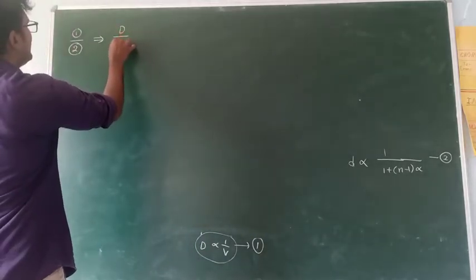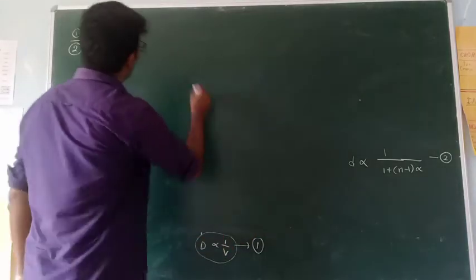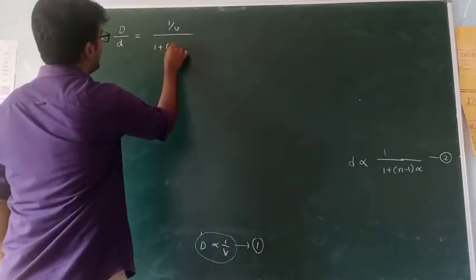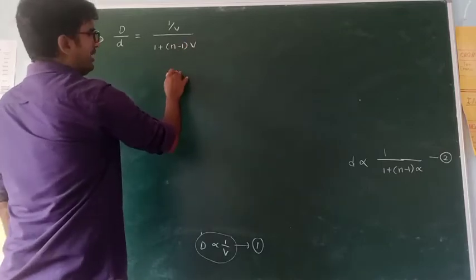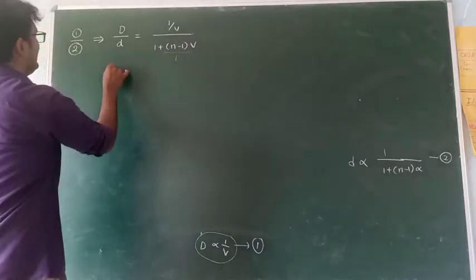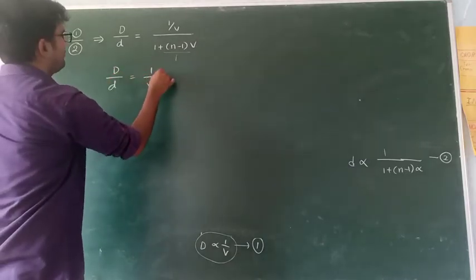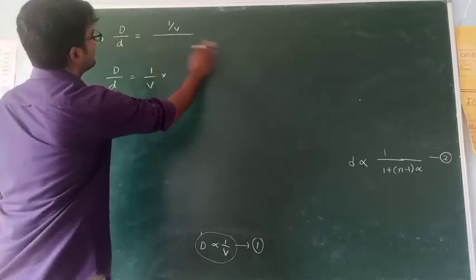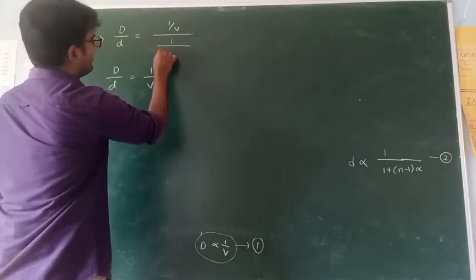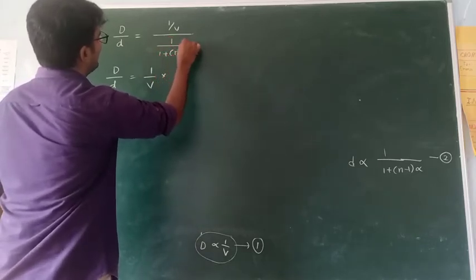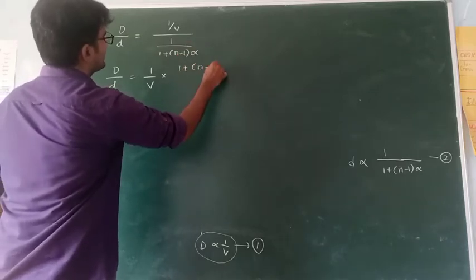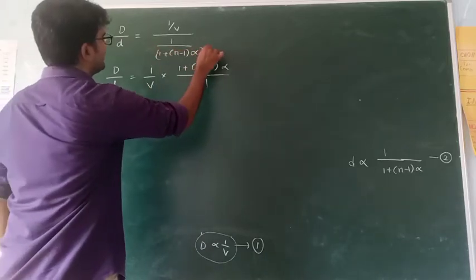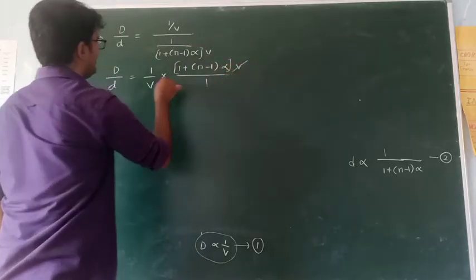So capital D by small d is equal to the right-hand side, 1 by V divided by 1 by (1 plus (n minus 1) into alpha) times V. Reverse the value: 1 plus (n minus 1) into alpha by 1, into V. This V cancels.